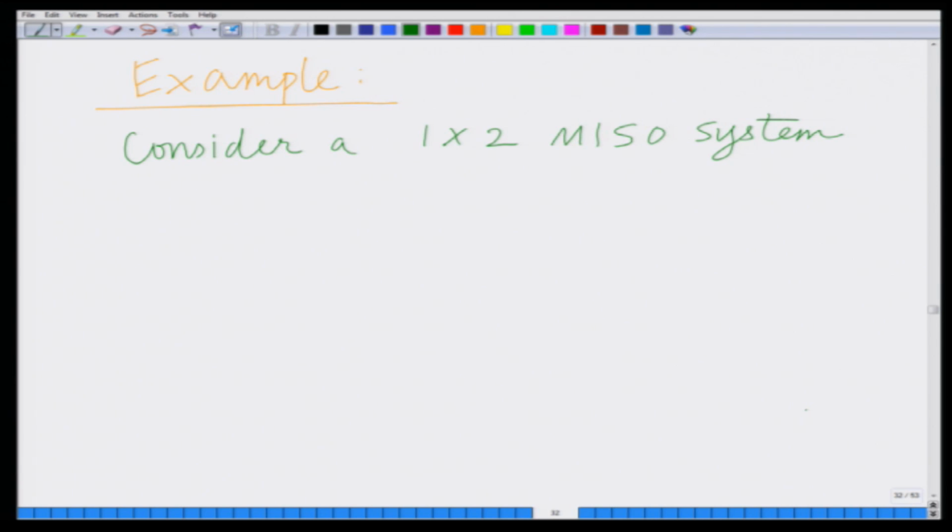Now, in this 1x2 MISO system, let our system model be given as y equals [2+j, 1-2j] times [x1, x2] plus w.